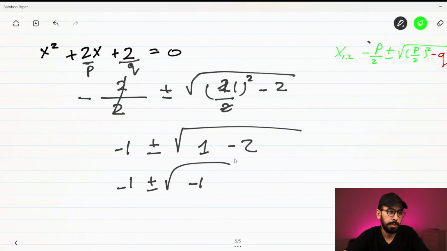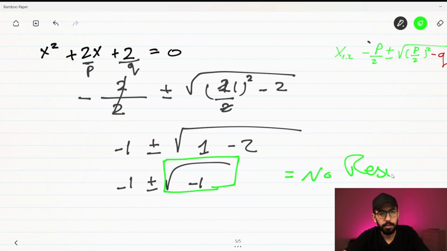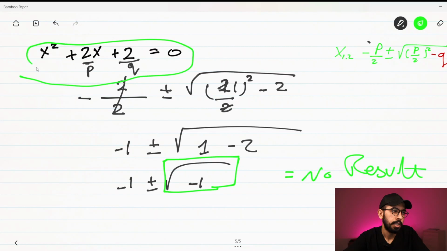That is not possible, so we cannot go further with this equation, we cannot solve it. That means we have no result here, and our equation's curve did not cut or bounce over the x-axis.